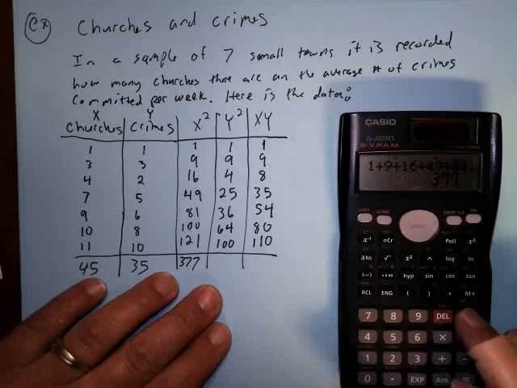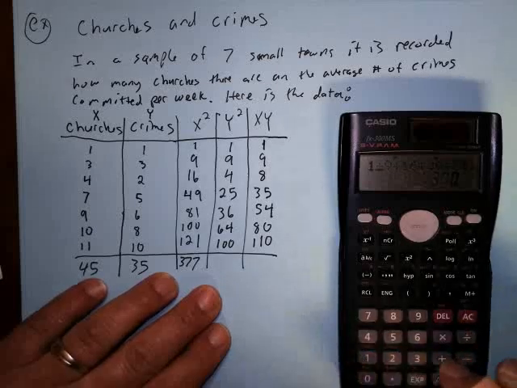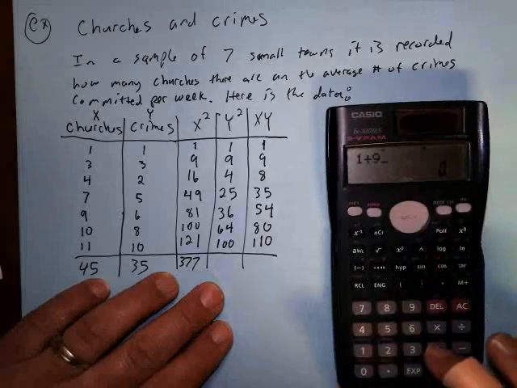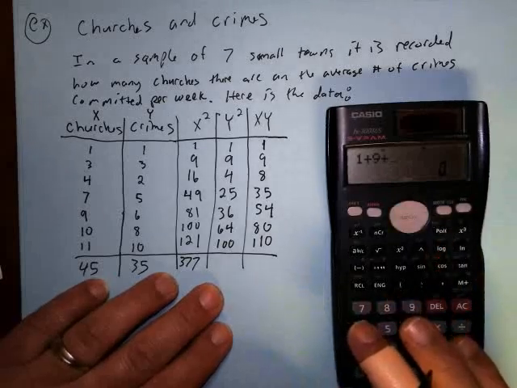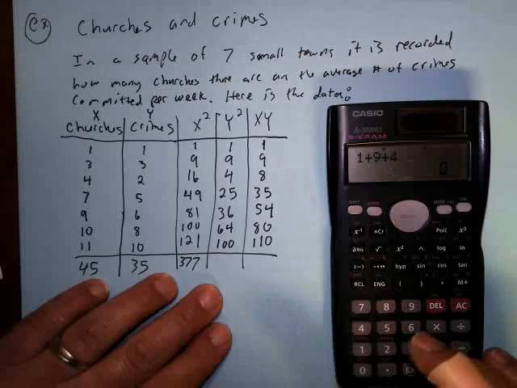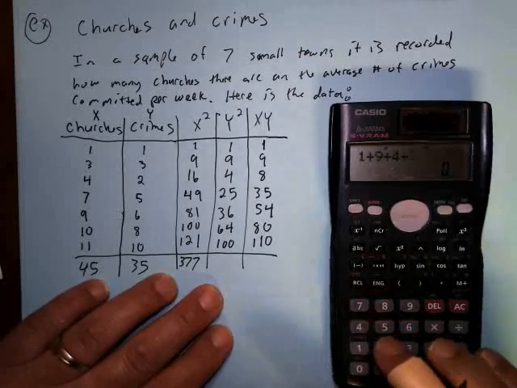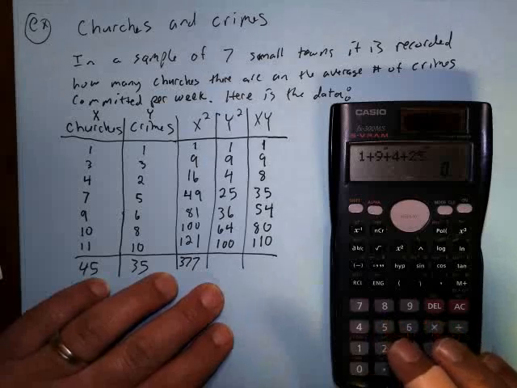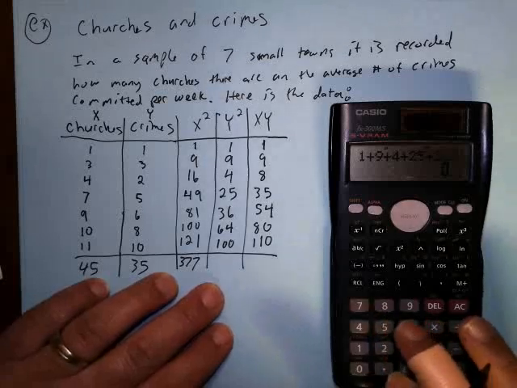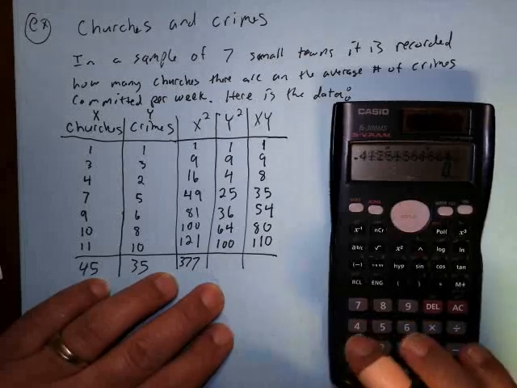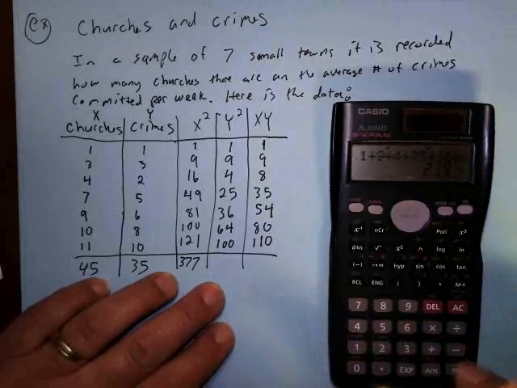And so Y squares: 1 plus 9 plus 4 plus 25 plus 36 plus 64 plus 100.